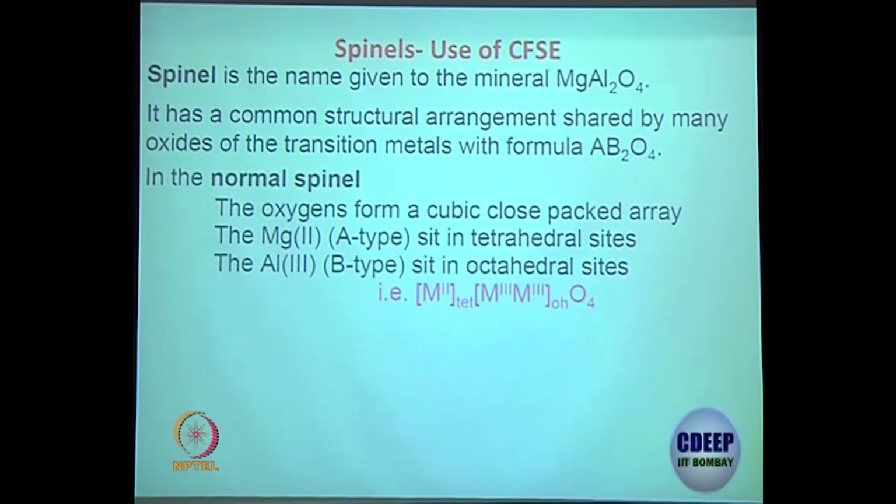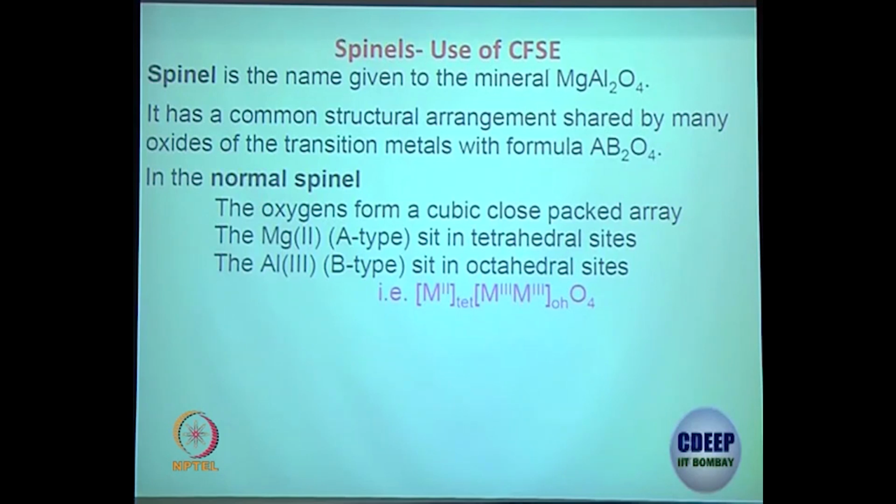Sometimes it is not clear at one glance; you have to look a little bit carefully. These are crystal structures, so there should not be any ambiguity. Both the +3 oxidized metals will be in octahedral geometry, the one which is 2 plus will be in tetrahedral geometry, and 4 oxides are there.